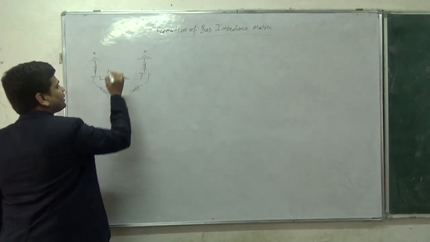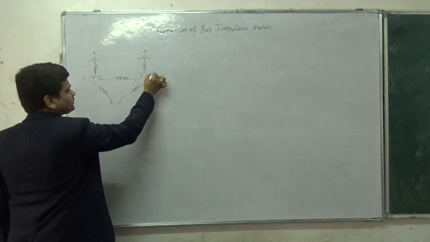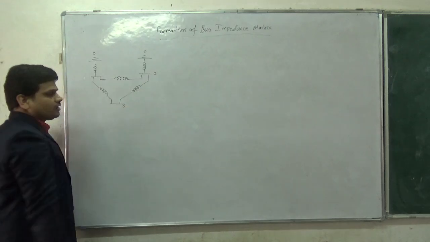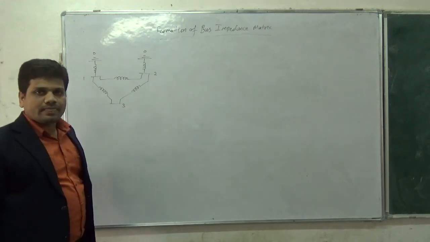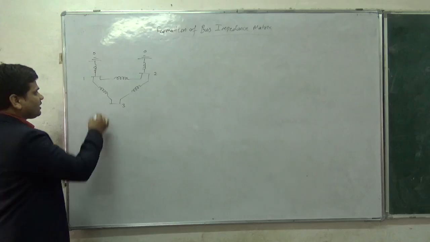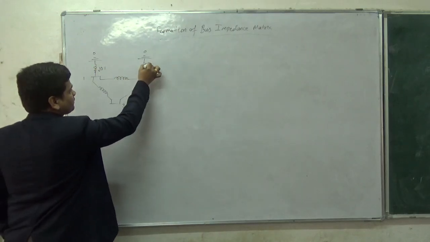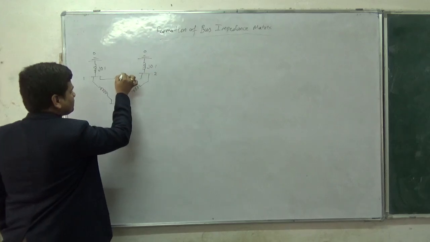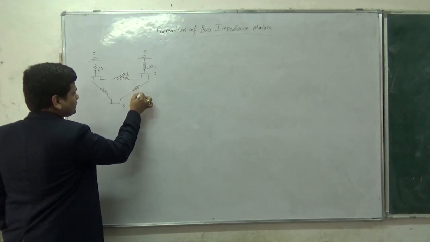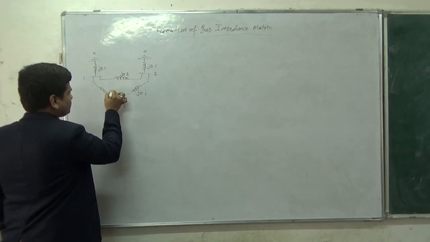These are the reference nodes and these are indicated by 0. This is bus number 1, this is bus number 2, this is bus number 3, and this is basically an impedance network, impedance diagram, and the corresponding impedances are J0.1, J0.1, J0.2, J0.1, J0.1.